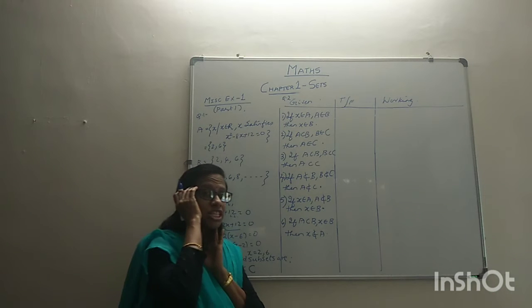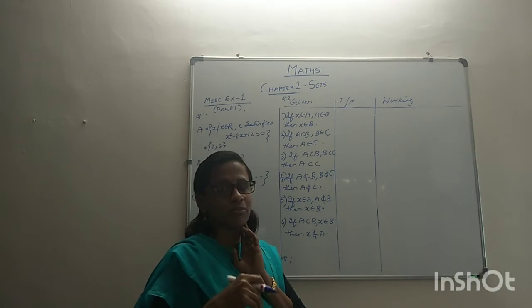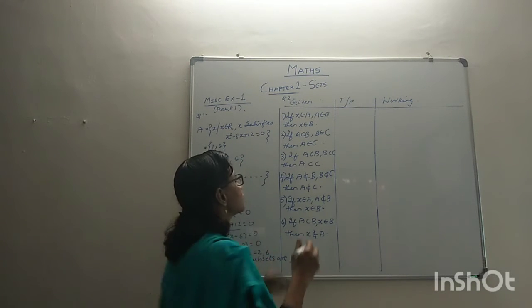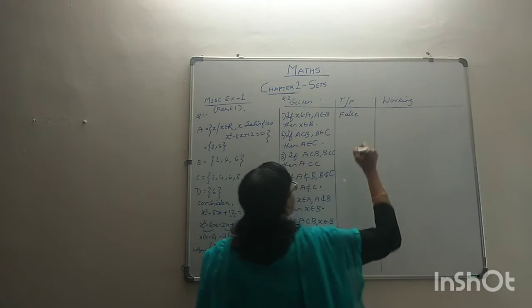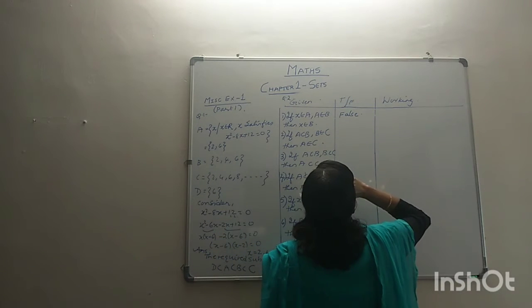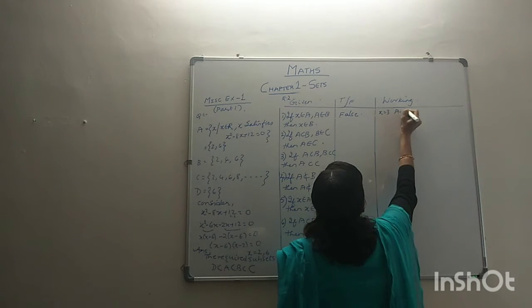Because it's very fresh in our mind. Somewhere in the exercise on subsets we have done this problem. That is why it's quite fresh in my mind. It's false, and I will tell you why. We'll take an example. Suppose let our X be something like 3, and let our A be a set, maybe {3, 4}.